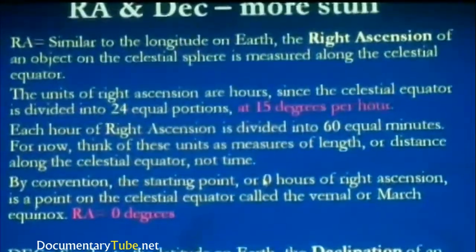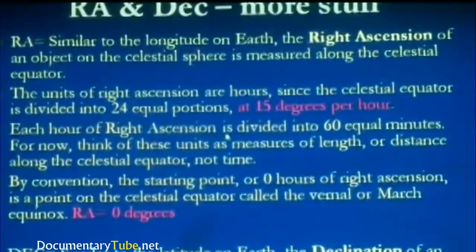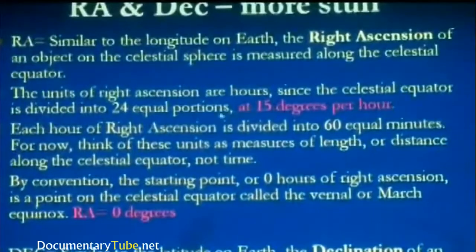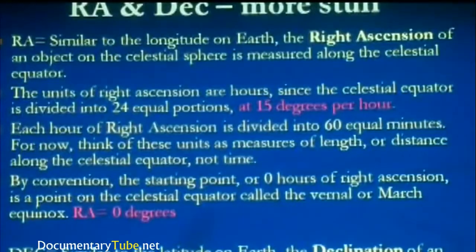The unit of right ascension is hours, since the celestial equator is divided into 24 equal portions at 15 degrees per hour. So that means if you were to take out your protractor and measure an hour out, that would actually translate into 15 degrees of angle. Any questions so far on that? Have I lost everybody? Okay, we'll keep going.